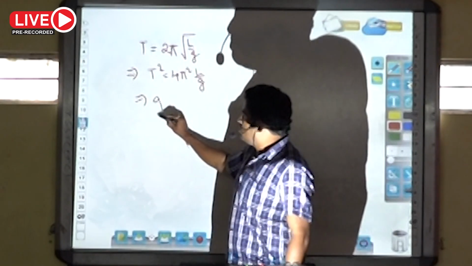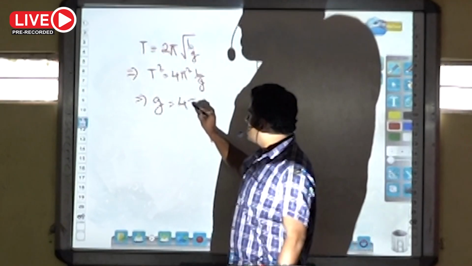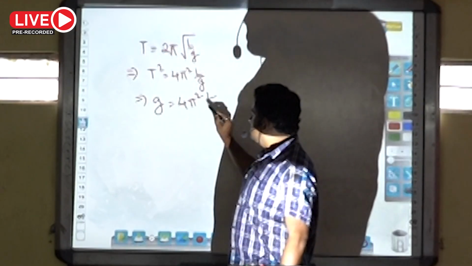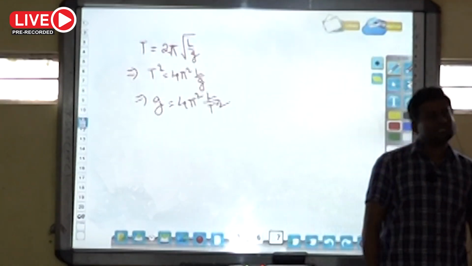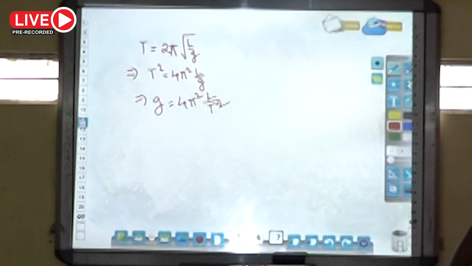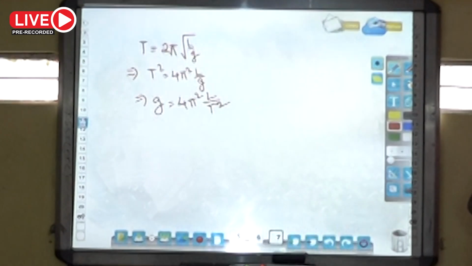Then I can write g equals 4 pi square into L by T square. Clear? g equals 4 pi square into L by T square. From this, by measuring L and T, I can measure the value of g.